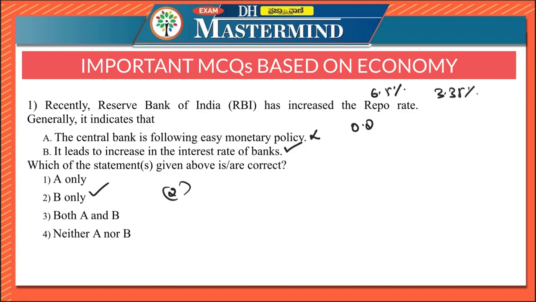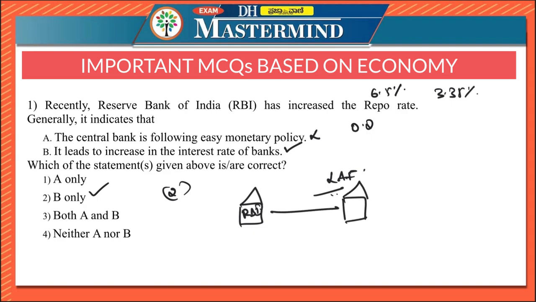Repo rate is a part of the liquidity adjustment facility of the RBI. The liquidity adjustment facility has repo rate and reverse repo rate. Repo rate is the rate at which the Reserve Bank of India lends to other banks.